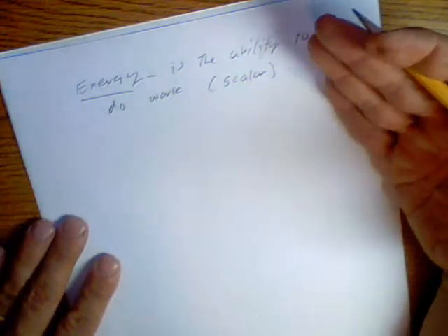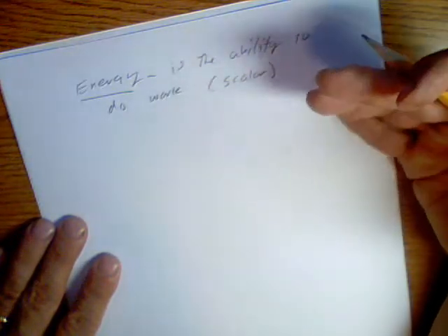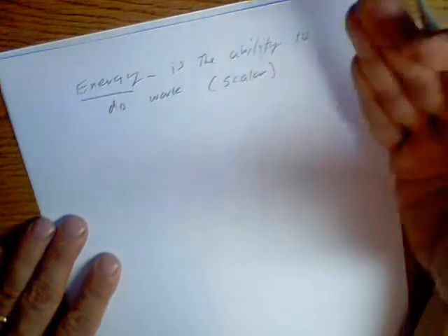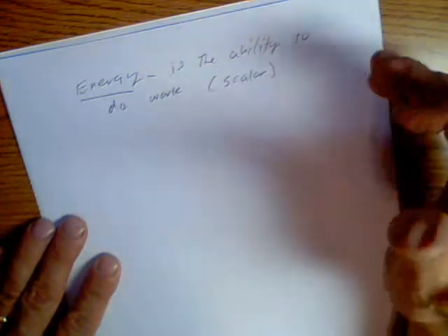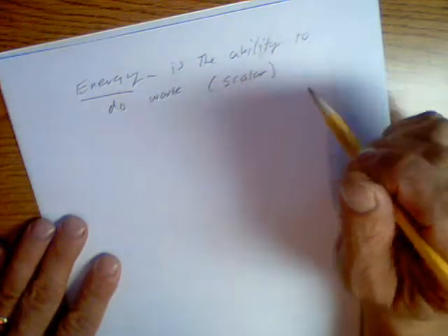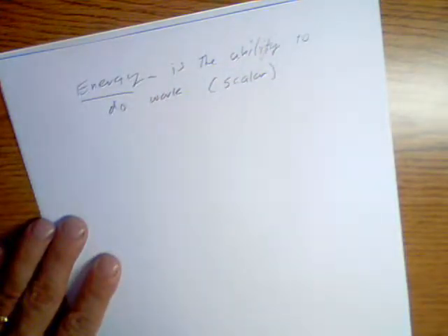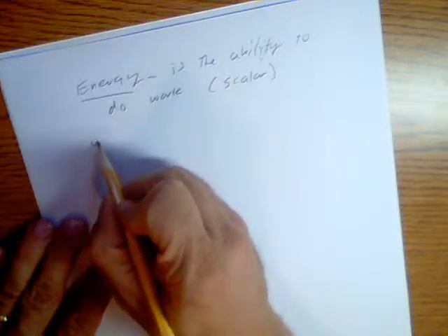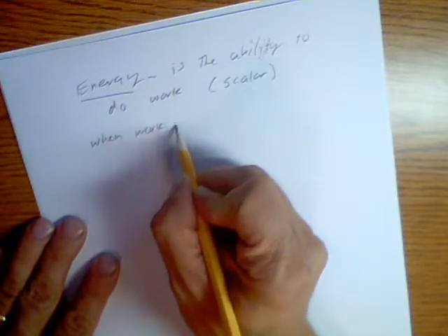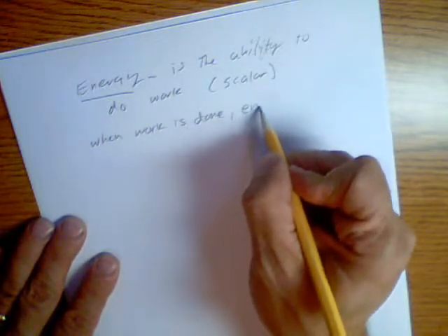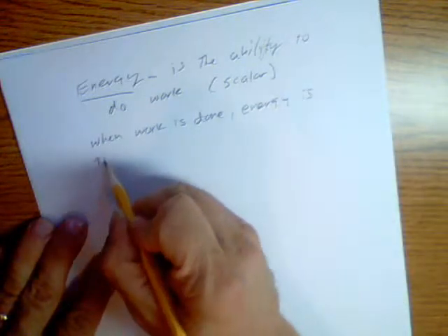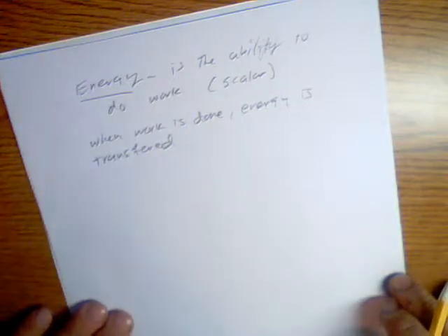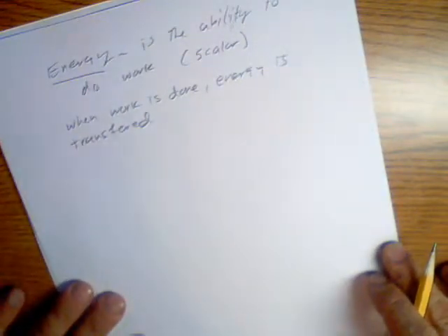All you could really do is talk about different types of energy: potential energy, kinetic energy, which are mechanical energy, sound energy, heat energy. You could talk about different types, but it's not an easy subject to describe, other than it has the ability to do work. That's what energy does. When work is done, energy is transferred. That's important. We're gonna pick up on that topic again later, that you cannot create or destroy energy. All you can do is transfer it.